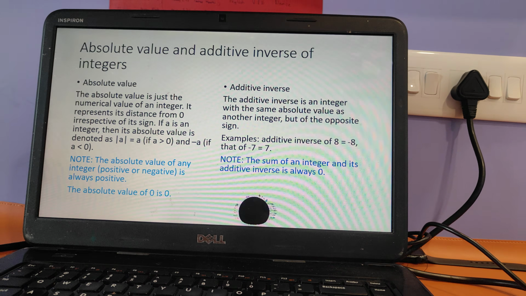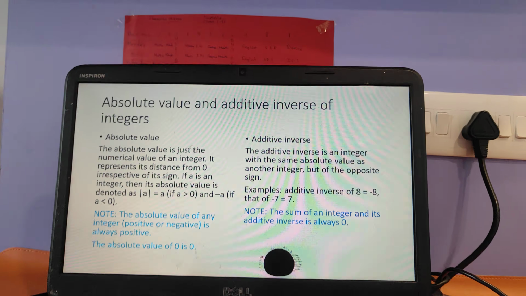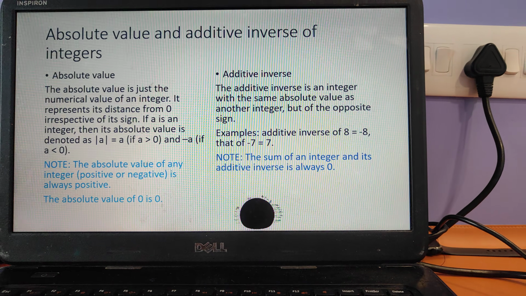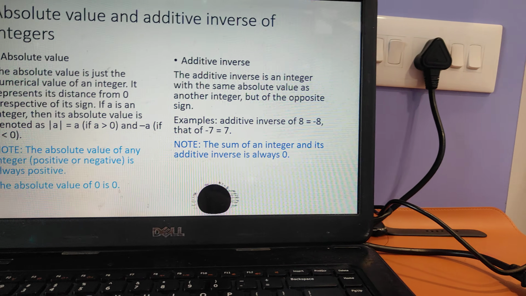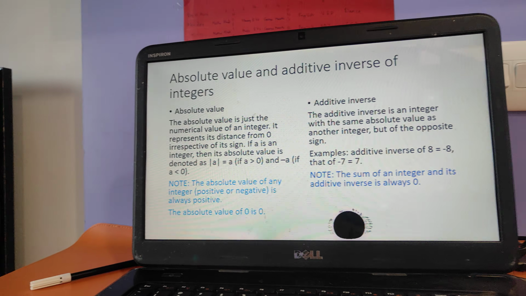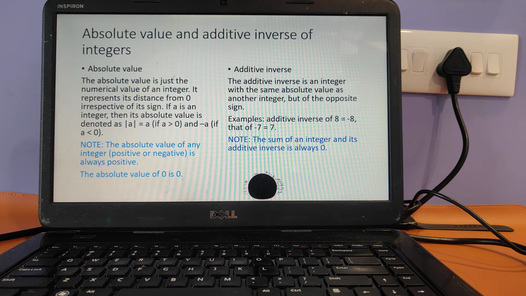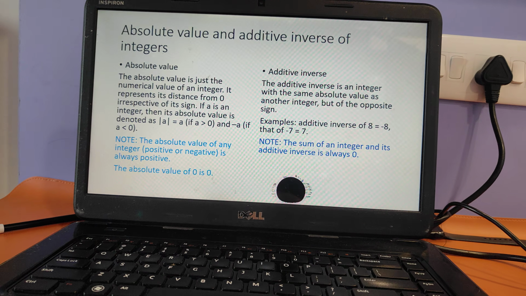They are additive inverses of each other, and you can see the examples. The additive inverse of 8 is -8, that of -7 is 7. The additive inverse of a positive integer is a negative integer, that of a negative integer is a positive integer.